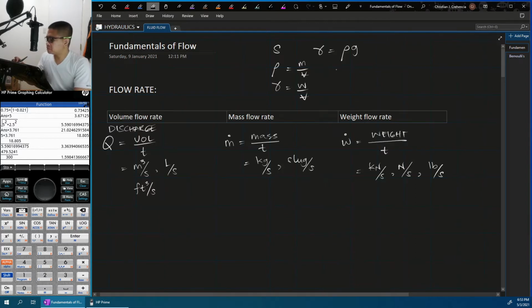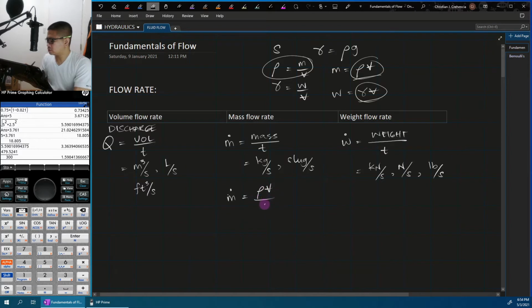Okay? So, solving for mass from this equation, that is the density times the volume. While solving for weight, we will have the unit weight times the volume. Okay? So if we substitute this dito sa mass flow rate and sa weight flow rate, makikita natin dito na yung mass flow rate is equal to the density times the volume, okay?